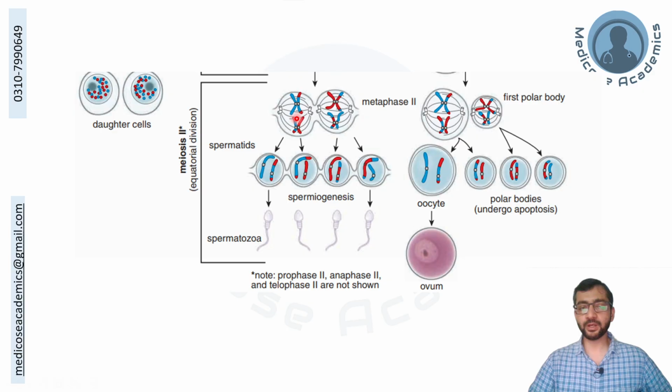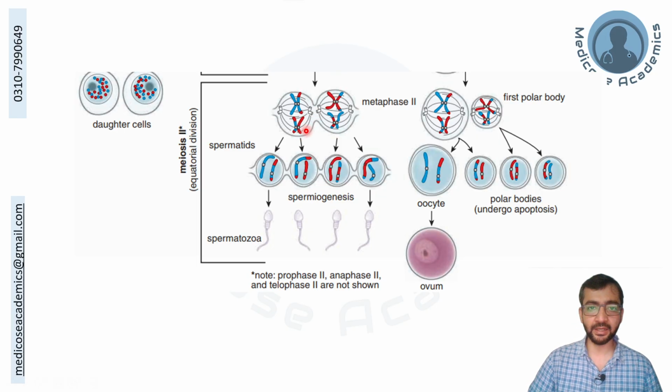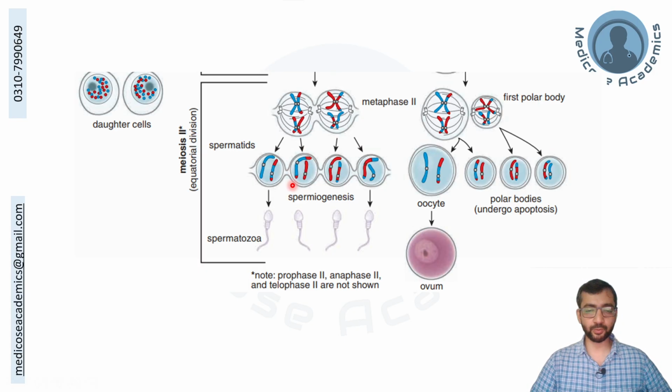Meiosis 2 is similar to mitosis, where they will have prophase, then condensation and arrangement on the equator as single chromosomes in metaphase, then separation at the centromeres in anaphase, and then the reverse of prophase, that is telophase.